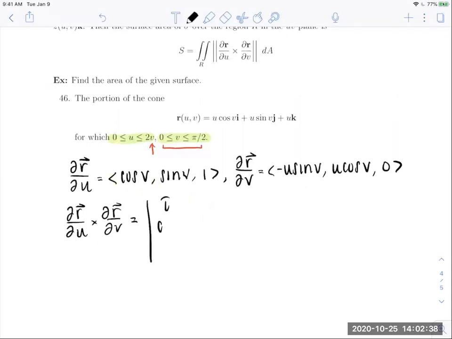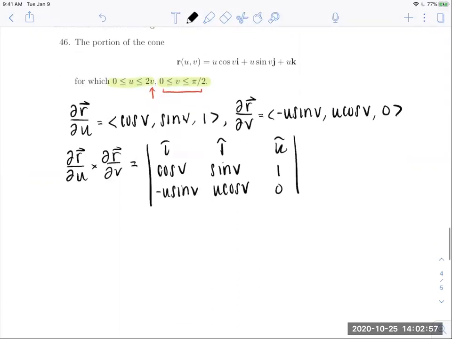All right, so I have a cosine v and a negative u sine v. In the j hat component, I have a sine v and a u cosine v. And in the k hat component, I have a 1 and a 0. All right, so what do we get here for this cross product?